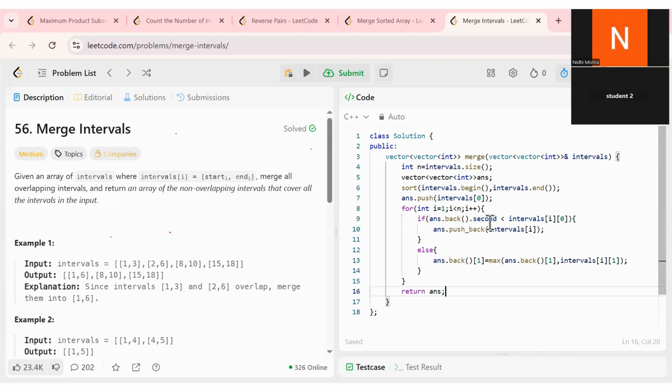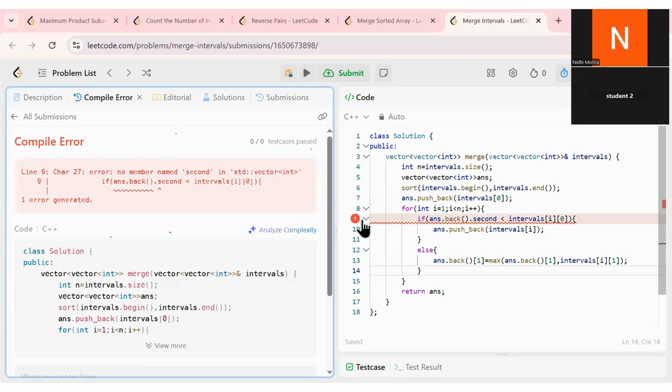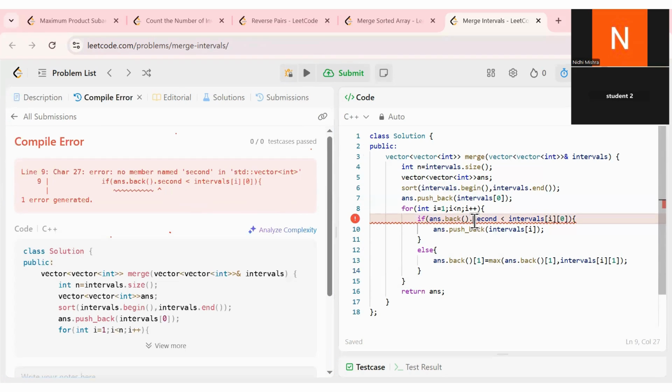In line 7, it is answer.push_back. Yes, the syntax will be push_back. Yeah, I think this has to work. Answer.back: no member named vector.